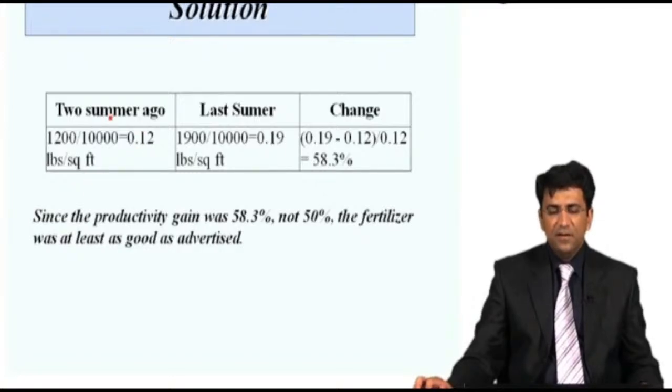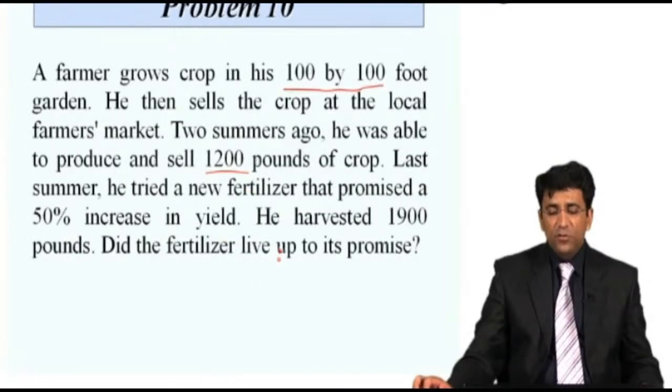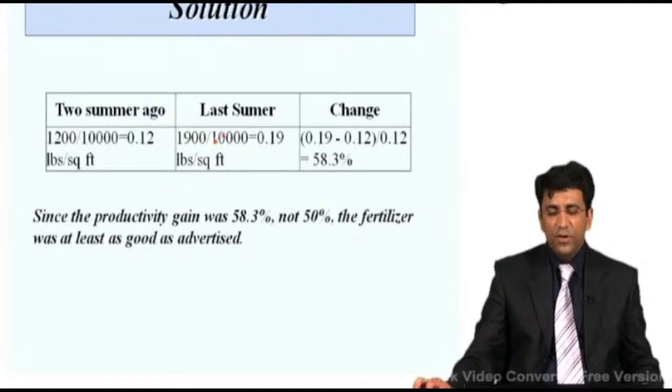This is our initial productivity. And what will be our new productivity? For calculating it, you know that the output has now increased up to 1900 pounds. So 1900 is the new output, divided by the input, which remains the same, 10,000. So the new productivity will be equal to 0.19.